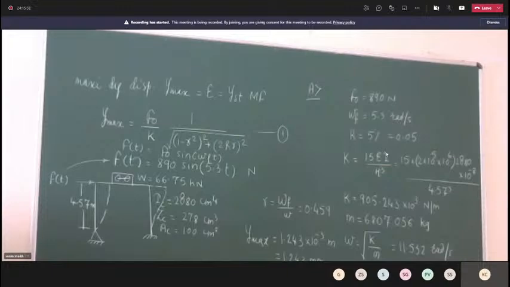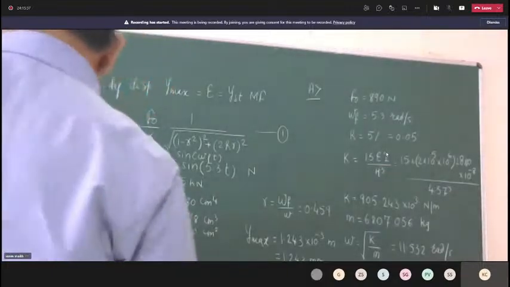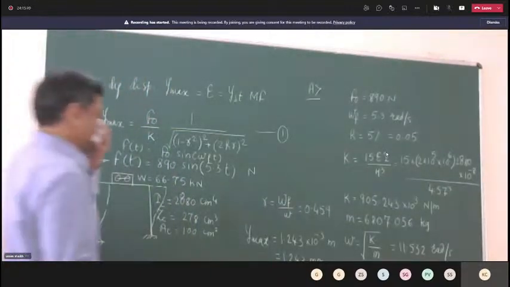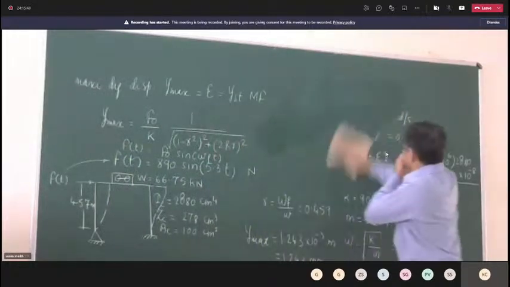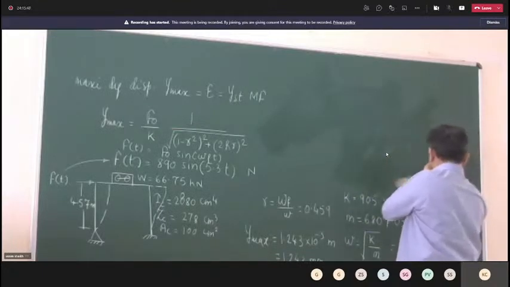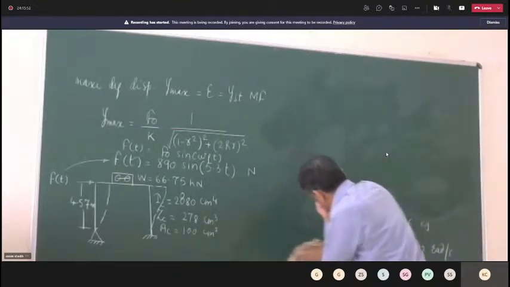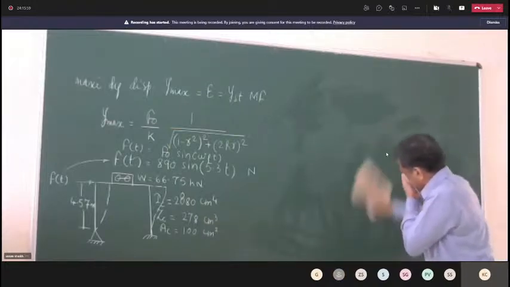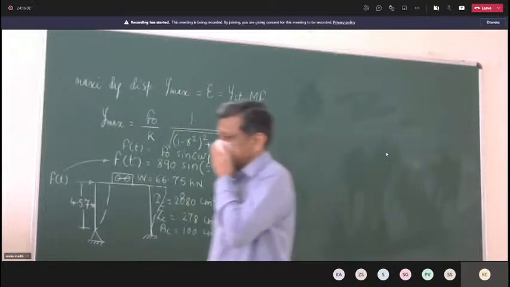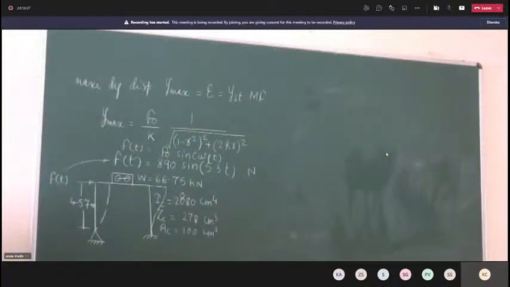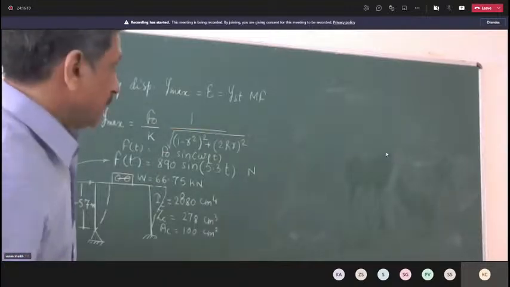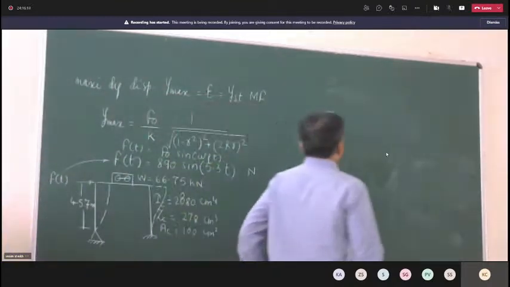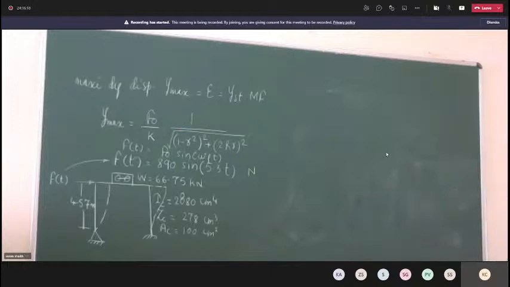Is it okay? All right. Now see what is asked in part B. In part B, they asked for the maximum stress in the column.